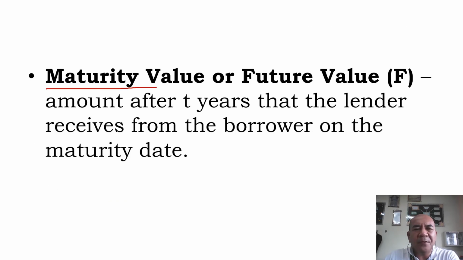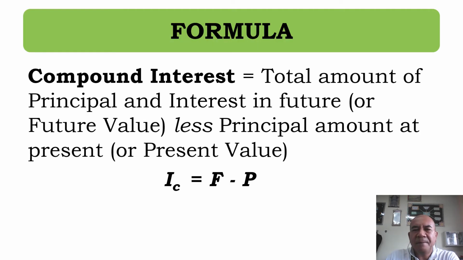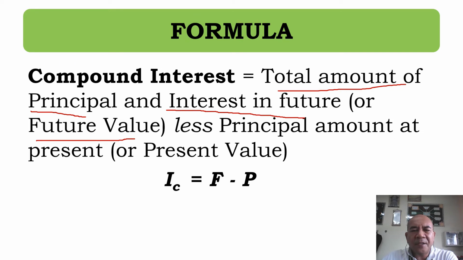The maturity value or future value is the amount after T years that the lender receives from the borrower on the maturity date. And the formula for compound interest is the total amount of the principal and interest in future, or future value, less principal amount at present or present value.